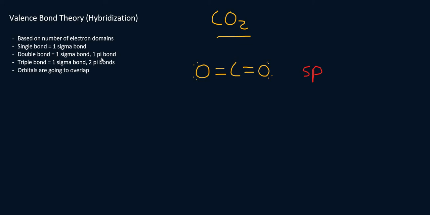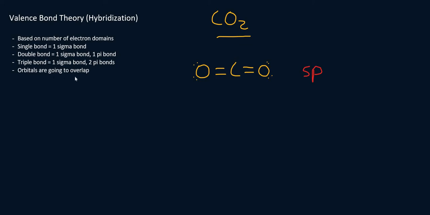So for some structures, you're going to have p orbitals that aren't included in the hybridization that takes place. And ultimately, when you have electrons that are shared in that unhybridized p orbital, that's going to give you what's called a pi bond. And for a double bond, we have one sigma bond and one pi bond. For a triple bond, we have one sigma bond and two pi bonds.